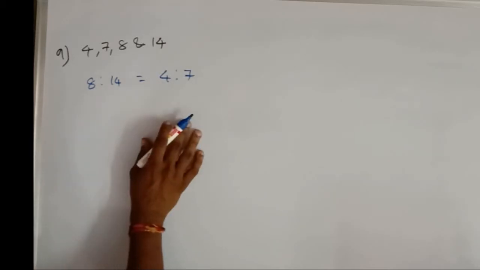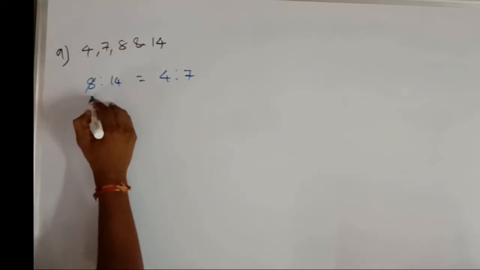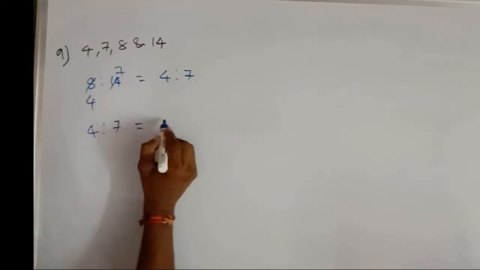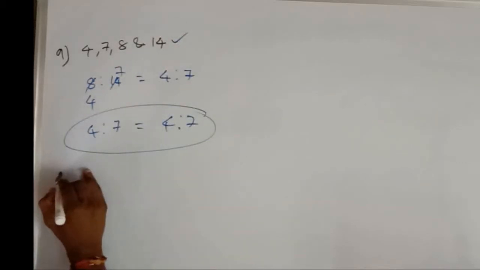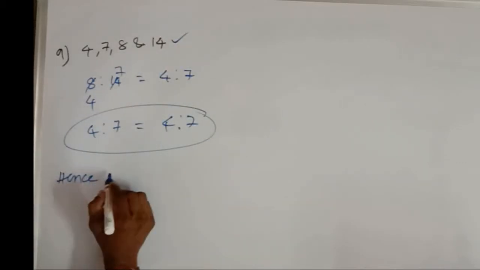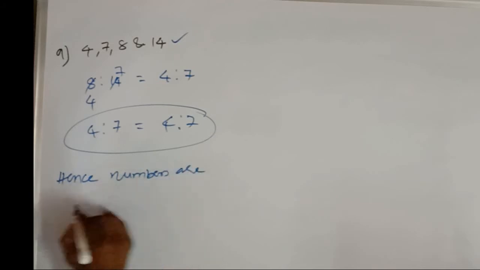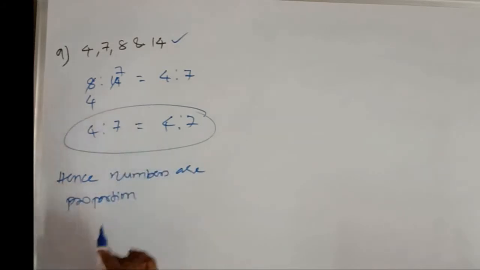Taking these two terms and these two terms, 8 is to 14, 2 fours are 8, 2 sevens are 14, that is 4 is to 7 is equal to 4 is to 7. Hence these numbers are in proportion. That means the two ratios are equal.